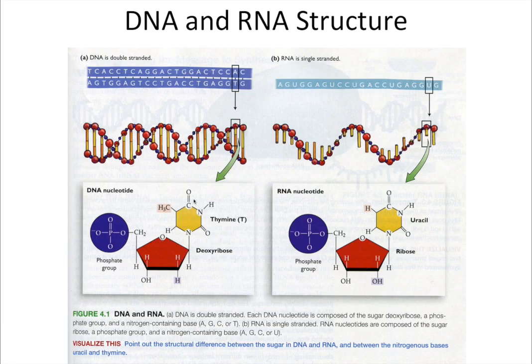The only difference is that each one will have a different base attached to the nucleotide. So in DNA we can have 4 types of bases attached. We can have adenine, and you'll see the structure for that in a following slide. T is for thymine, G is for guanine, and C is for cytosine.